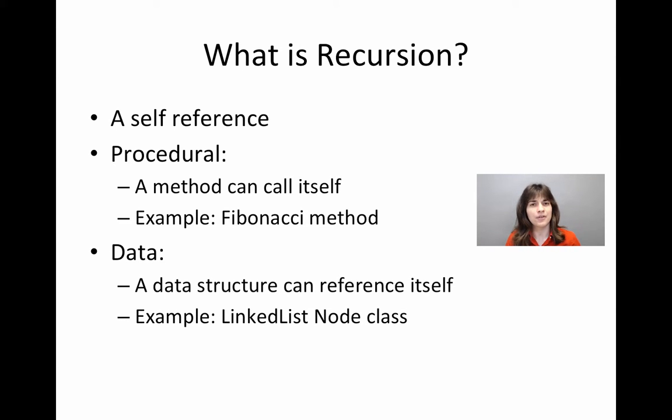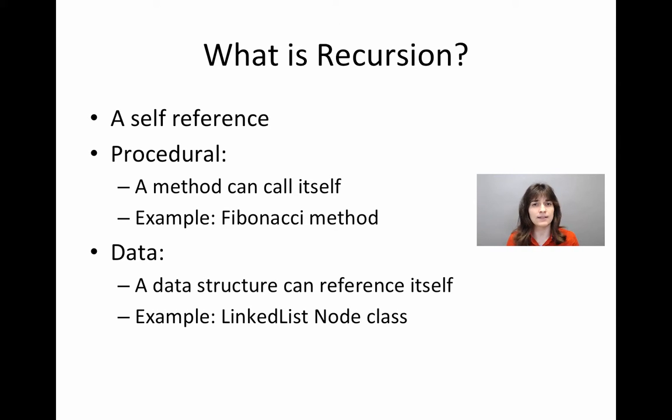Another thing that can be defined through a self-reference is a data structure, and we have already seen such an example. For instance, when we were defining the linked list node class, recall how we defined a node. You can pause this video and go and see that for yourself. We had a node carry two members.